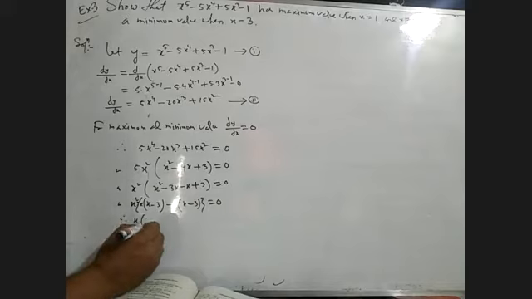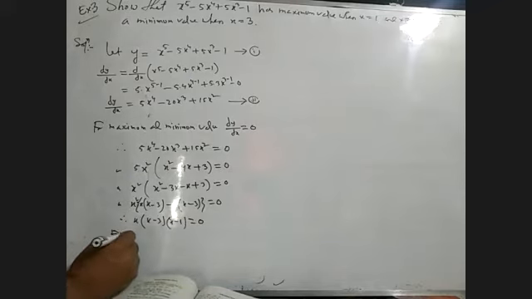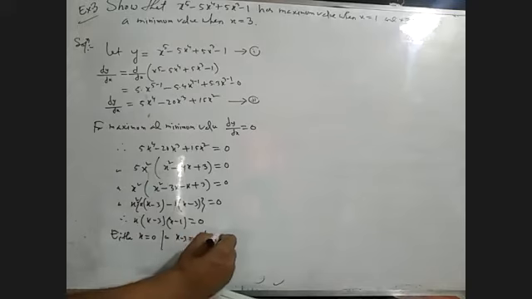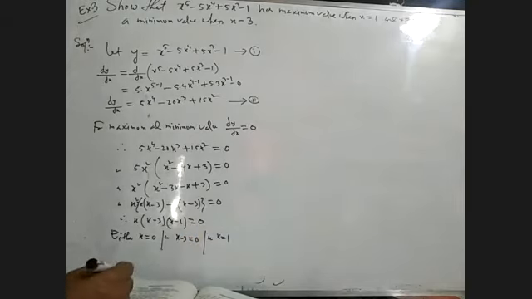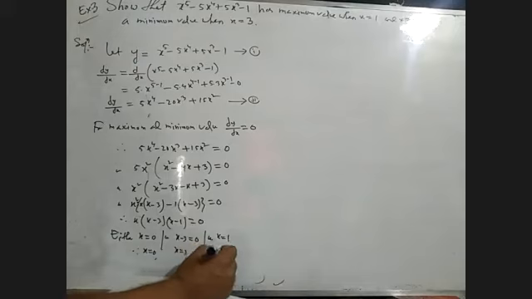Therefore, we get (x minus 3)(x minus 1) equals 0. Either x equals 0, or x minus 3 equals 0, or x equals 1. Therefore, we get 3 values: x equals 0, x equals 3, and x equals 1.